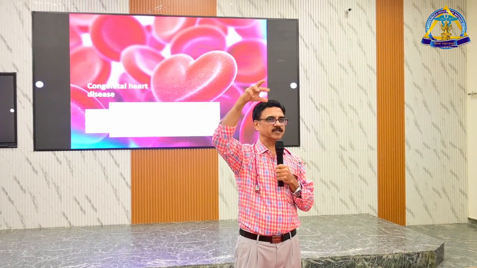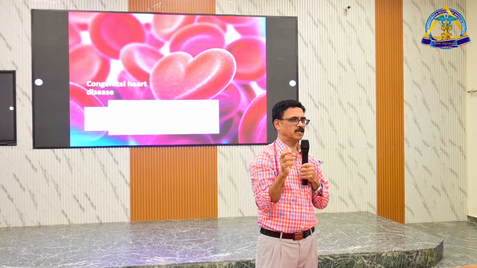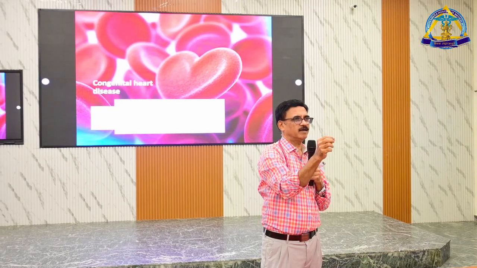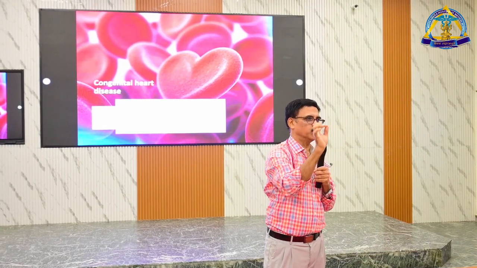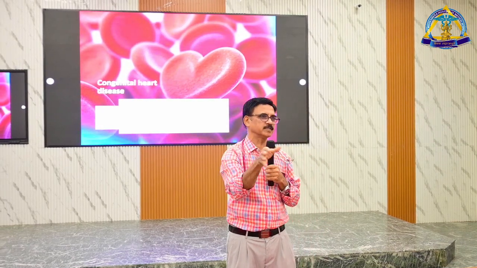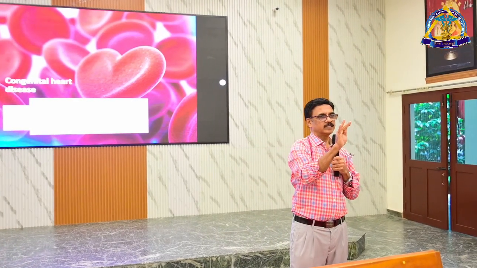Between the two arteries there is a connection. So that is the shunt. There is also a very rare, very small one, you need not study it in detail, the AP window. Aortopulmonary window also comes under shunt lesions. So these are the shunt lesions.